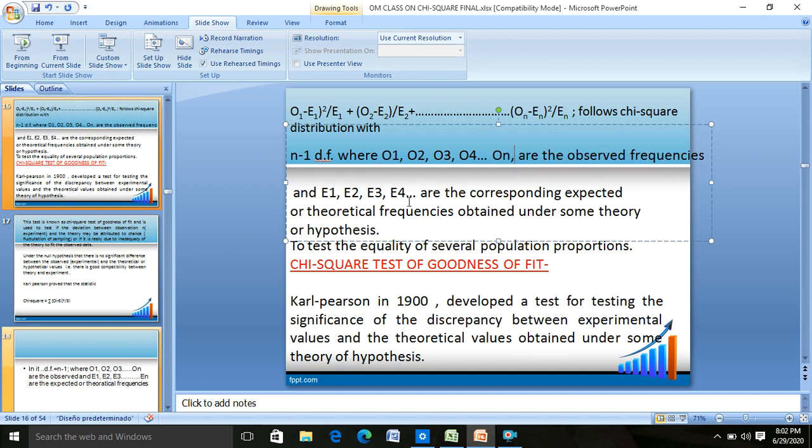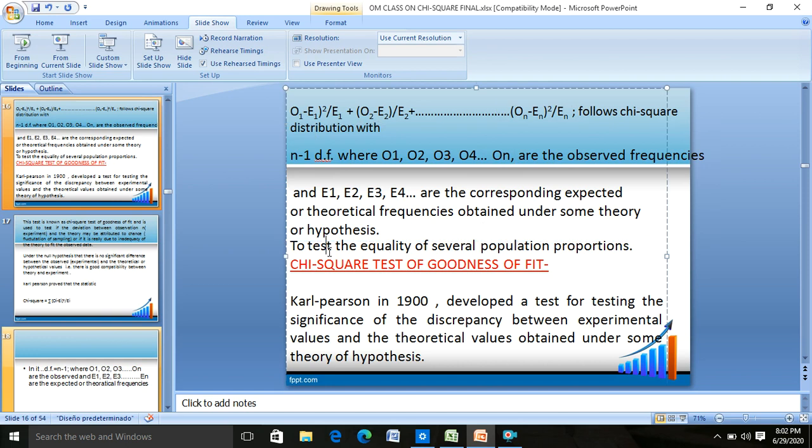So from this you can guess that in the chi-square test, you actually compare some observed data with the expected data. This is the very preliminary guess about the use of the chi-square test.